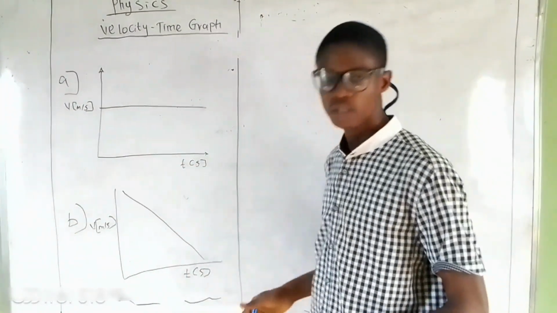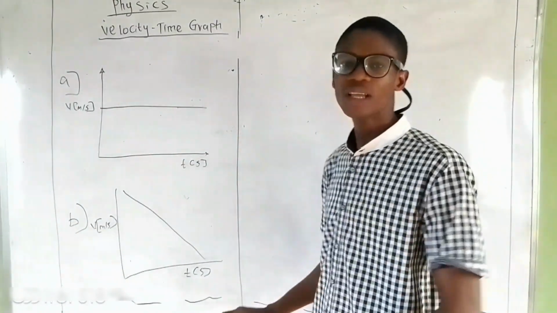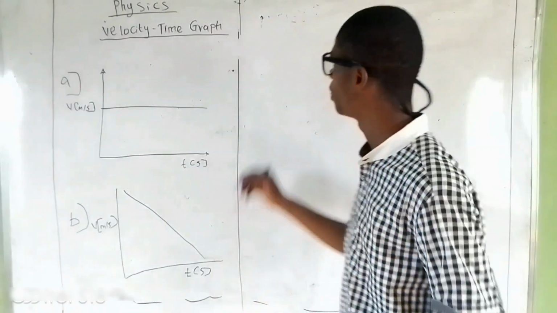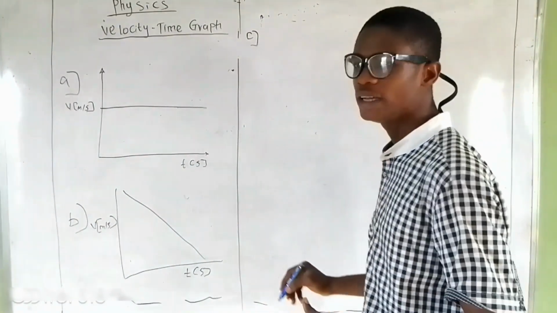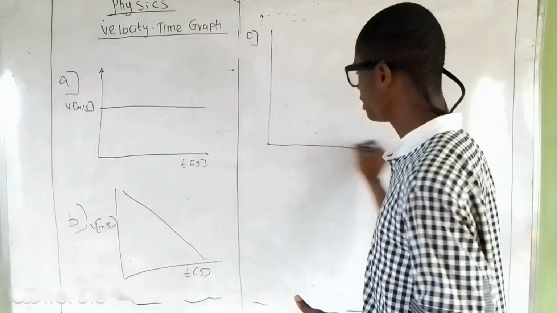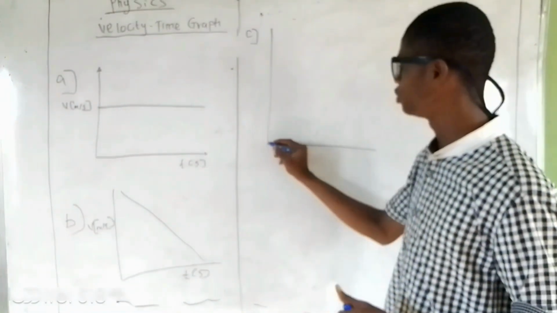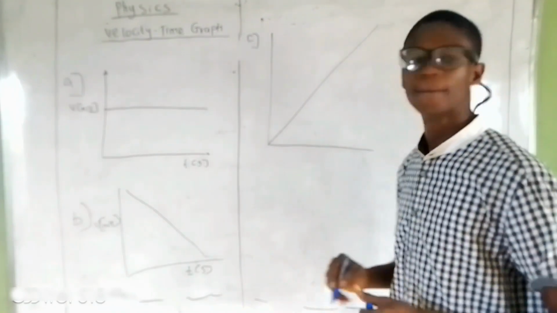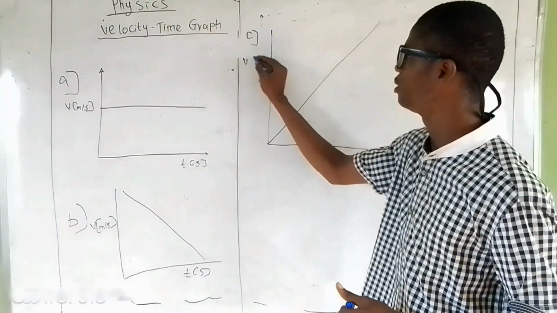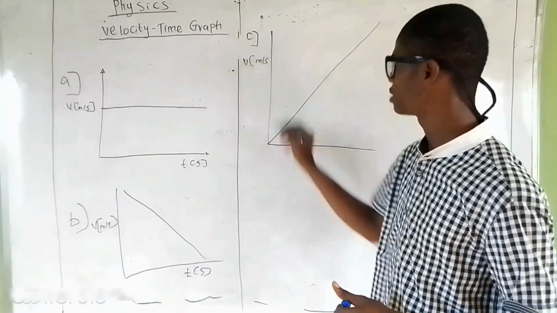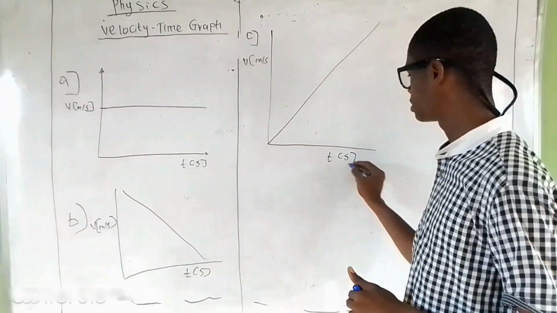The line here shows that the velocity is decreasing with respect to time. And furthermore, we now have the final one, when the velocity is increasing. It's accelerating with respect to time. We draw it like this. So we have our v in m/s and our time in s.